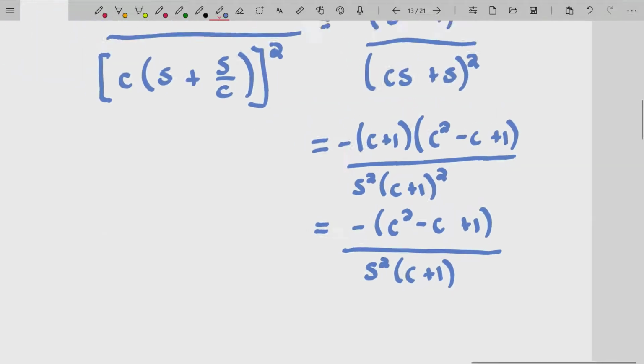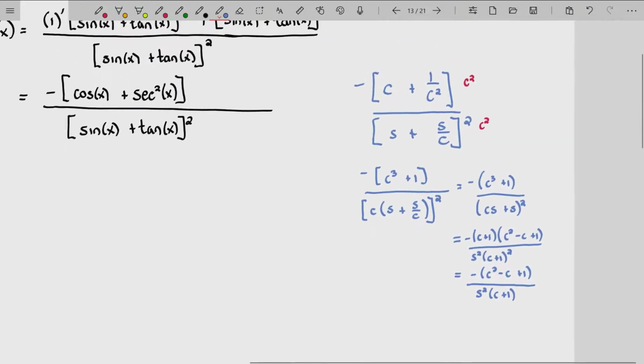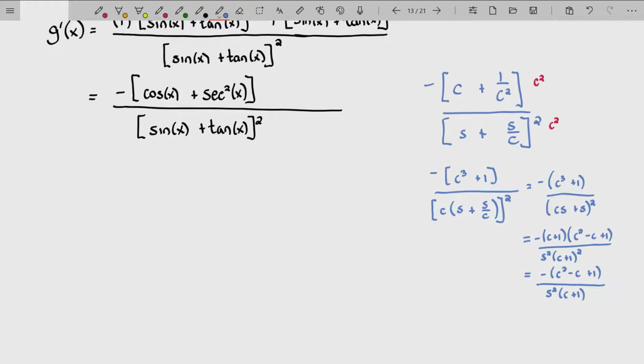And I have to be honest with you, that is no better than what we just have over in black. So end result here is that you have to be willing to kind of look ahead a little bit. When I looked at this and I knew it's not a good idea to try to simplify this fraction right here, the reason why I made that decision is when I saw I'd have to multiply top and bottom by cosine squared, I'd get a cosine cubed plus 1 upstairs.